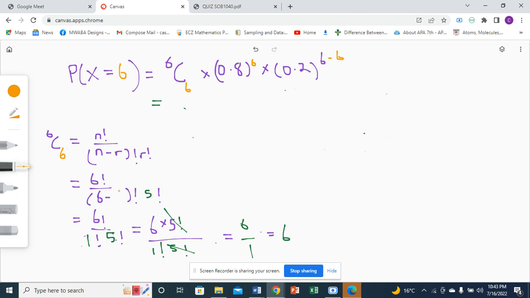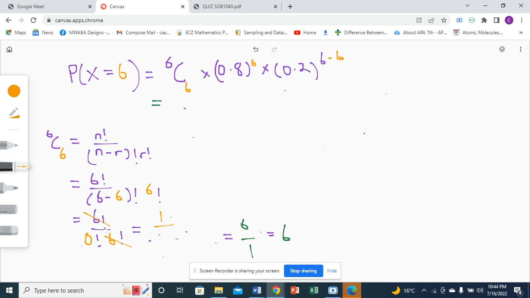All right, so here it's going to be 6 factorial over 6 minus 6 factorial. And we have a 6 factorial here. All right, so we're going to have 0 factorial and 6 factorial. Right, the 6 factorials cancel each other out.